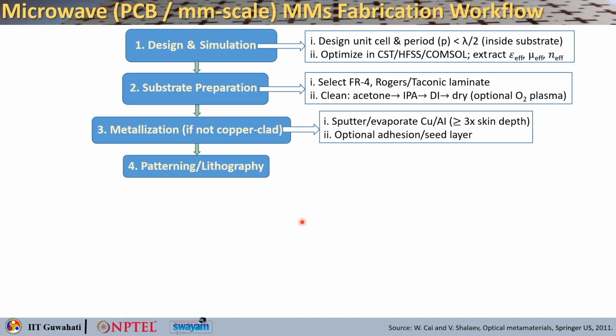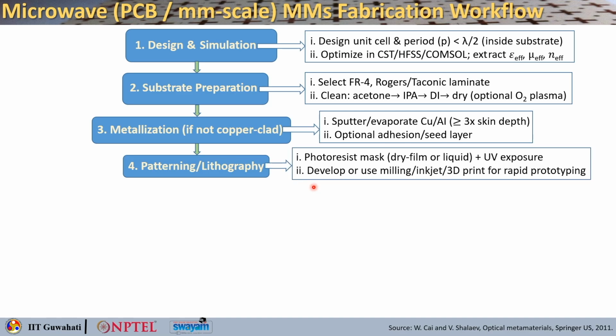and after that is done you do the patterning or lithography. There you apply the photoresist, that is in the form of dry film or liquid, using spin coating, and then expose it to UV light for developing. You can also use milling or inkjet or say 3D printing to form the patterns on the surface of the substrate. After the patterning is done, the next step is etching or lift off.